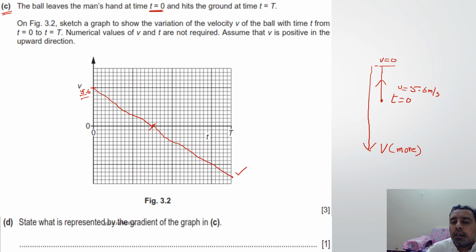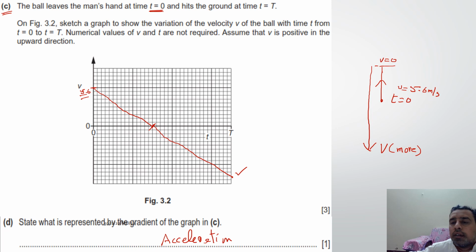There is no need to write the value of this velocity on the axis, just the line shows that the initial and the final velocities of this whole travel must be different. As I told you earlier, this is the velocity time graph and the gradient shows the acceleration, and the type of the acceleration is negative and uniform.